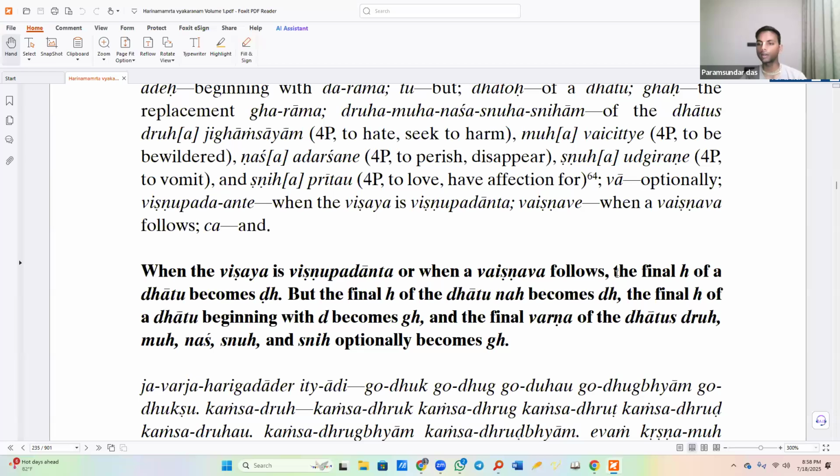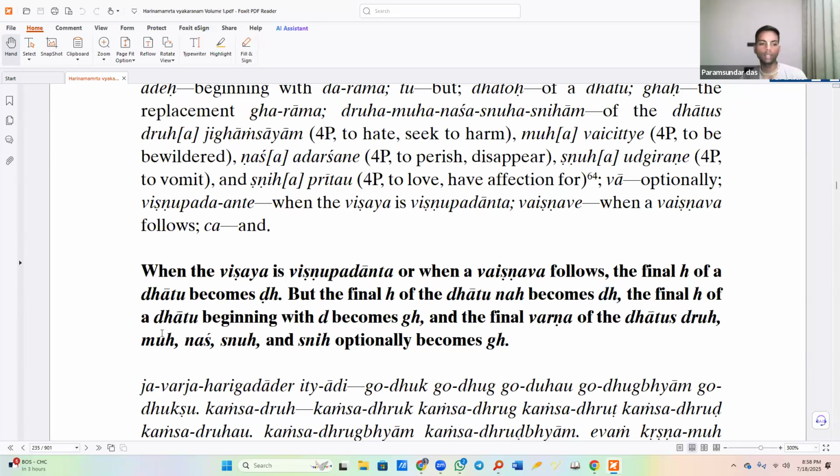So this is like a general rule. If we have any word ending with ha, and if it is situated at the end of Vishnupada, or if a Vaishnava is following, then that ha changes to dha. But the final ha of the dhatu naha becomes dha.